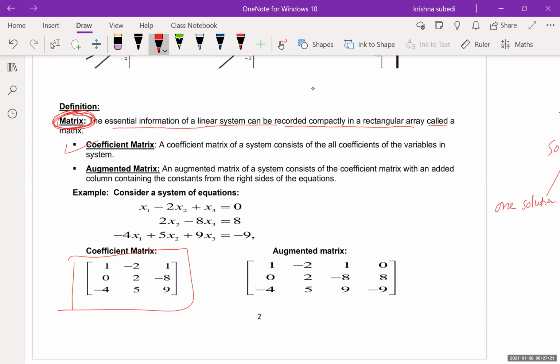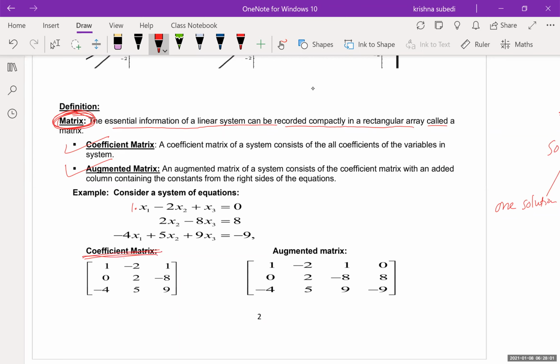Now, if you are given a system of equations, then two words you need to remember. One is called coefficient matrix, another is augmented matrix. And what's the difference between these two? Well, look at the system of equations here. x1 minus 2x2 plus x3 equals 0, 2x2 minus 8x3 equals 8, negative 4x1 plus 5x2 plus 9x3 equals negative 9. Now, if you just write the coefficients of the variables in matrix form, we call this the coefficient matrix.